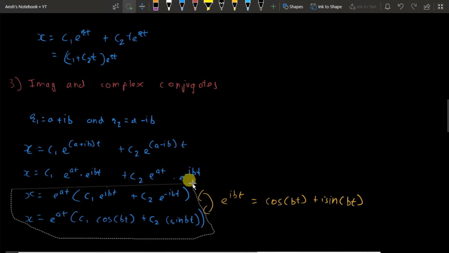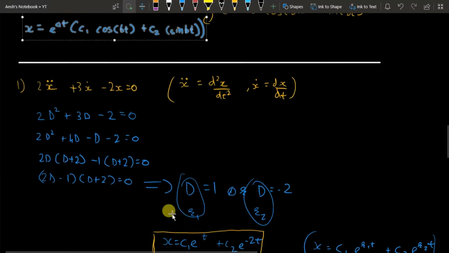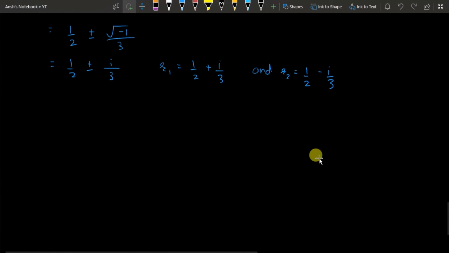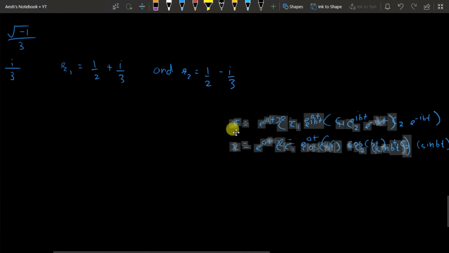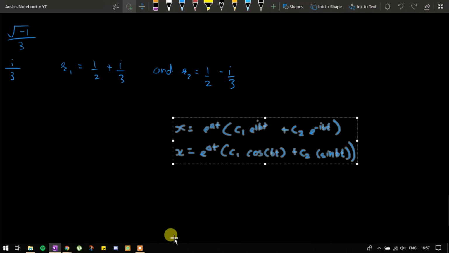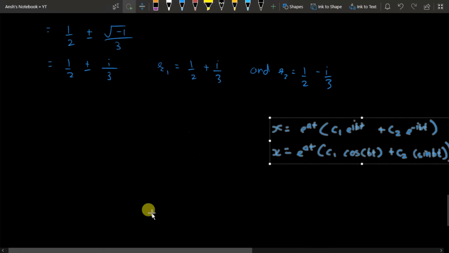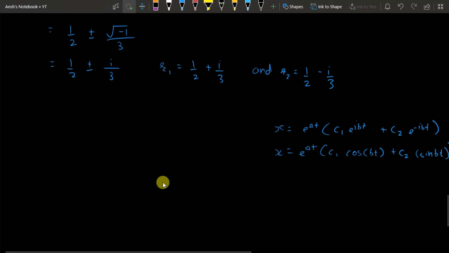So I'll just get this and we'll take it downstairs right here. Keep it a little to the left, and we know that the general solution is given by these terms right here. In our roots, this will be our A term, this will be our B term.